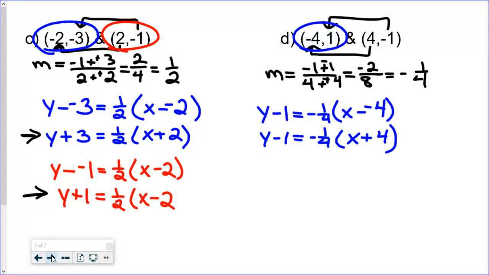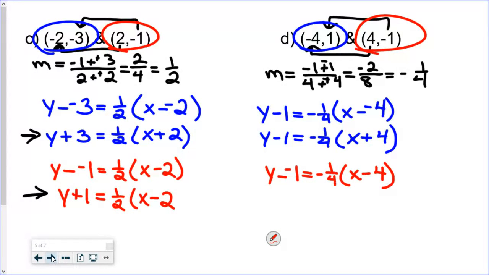Or I could choose that one. So I would have y minus a -1 and x minus 4. And that just means that minus a negative becomes plus a positive and everything else stays the same. So again, this answer or this answer are what you want.